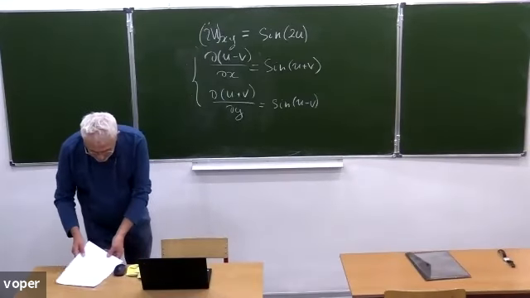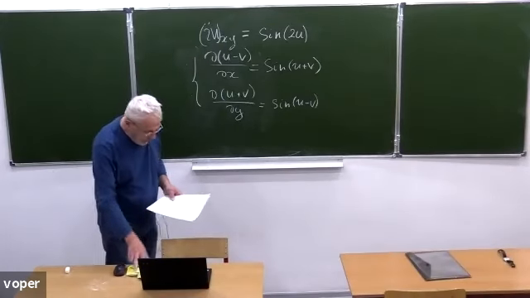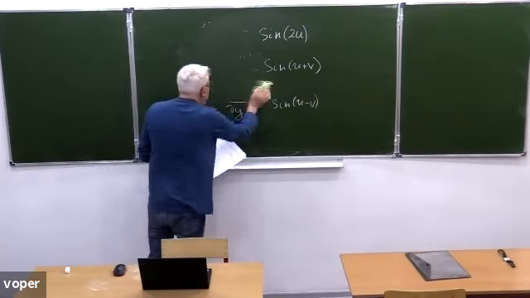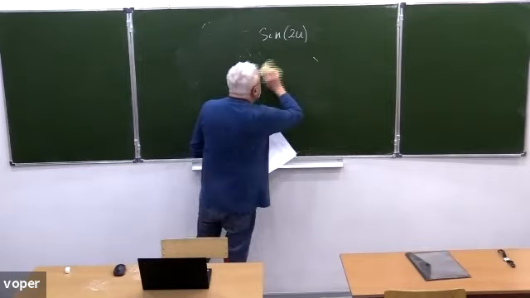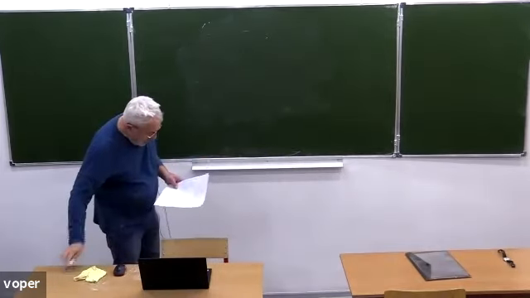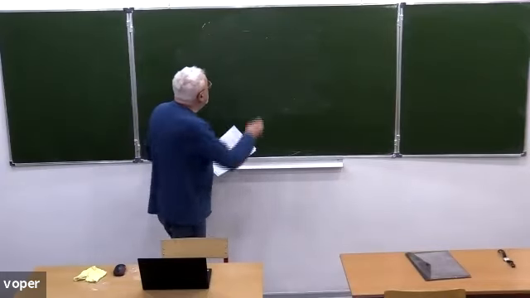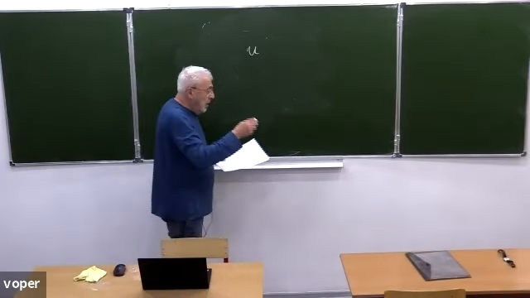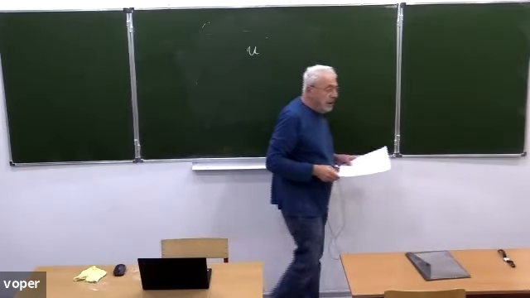And Bianchi notices the following. Assume that U is a solution found from the Backlund transformation.